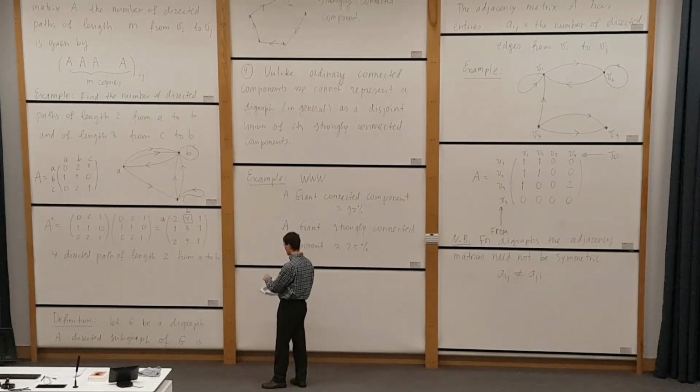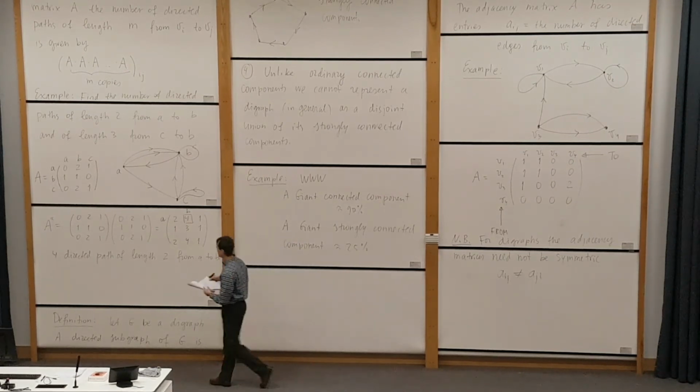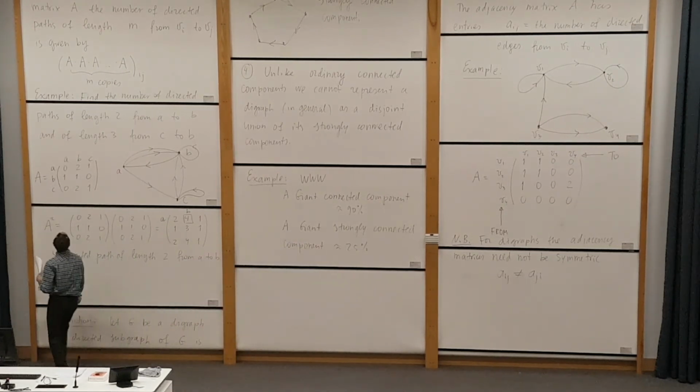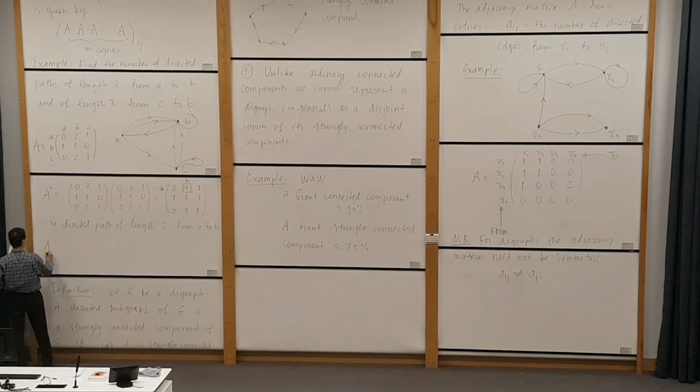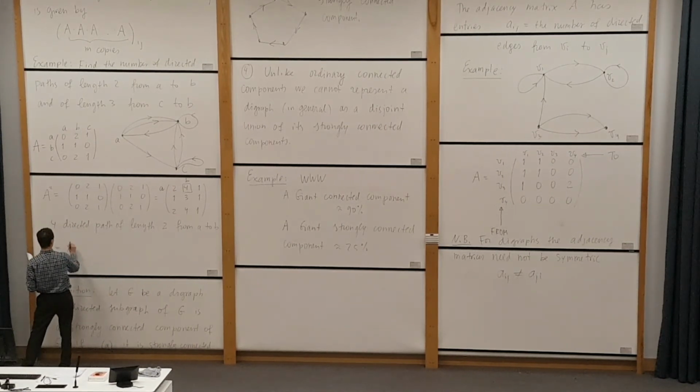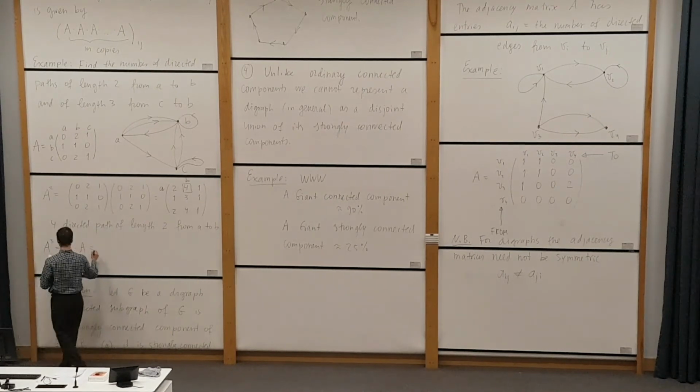And to answer the second question, I need to calculate A cubed, because it's about paths of length 3. And I have already calculated A squared. So you can write A cubed as A squared times A on the right or times A on the left. That doesn't matter which way, so I'll choose on the right.